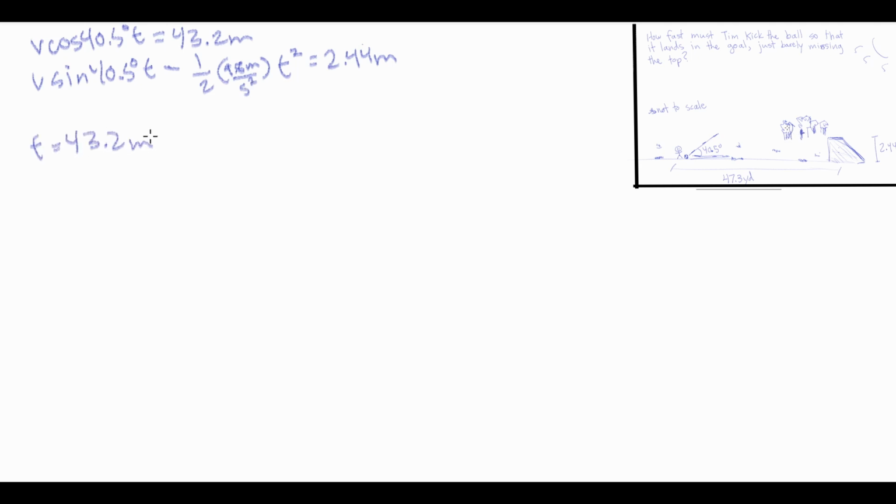From the first equation, time is equal to 43.2 meters over the horizontal velocity. Next we substitute that value into the second equation.